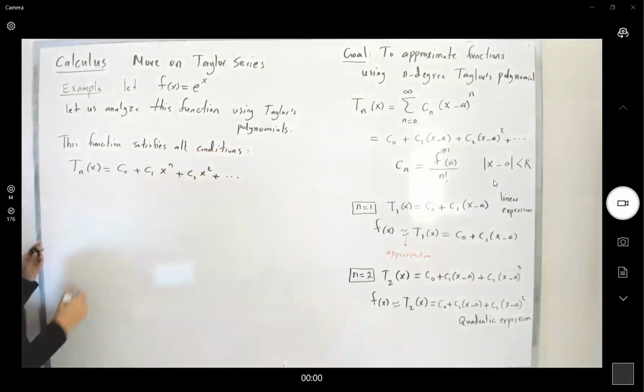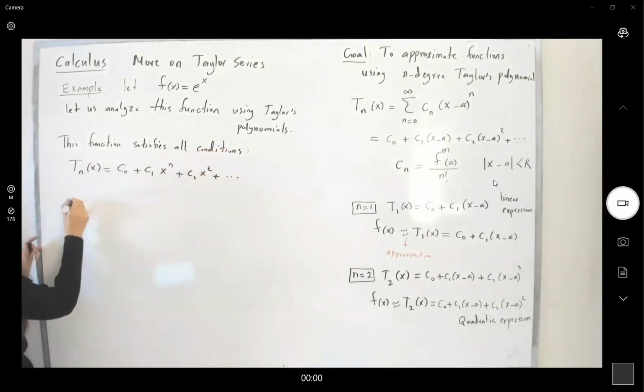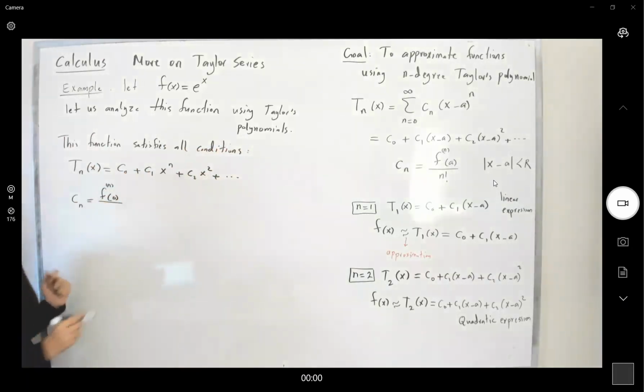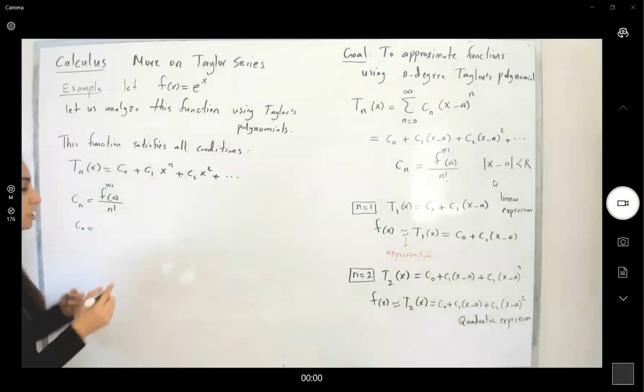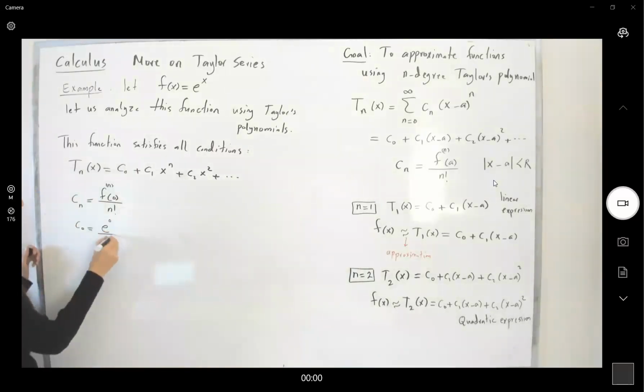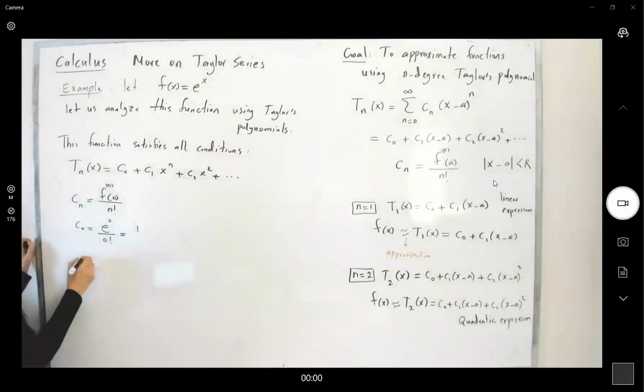Here you have C sub 0, which was equal to the nth derivative of the function at the center divided by n factorial. So C sub 0 is the zeroth derivative of the function, which is e to the x, so e to 0 divided by 0 factorial, or just 1. Then we learned about C sub 1, how to calculate that.